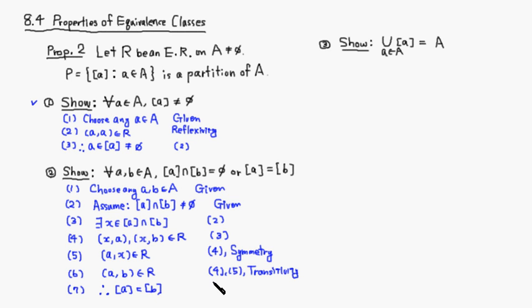I'm using line 6 combined with property number 1. So we could show that the sets are pairwise disjoint.